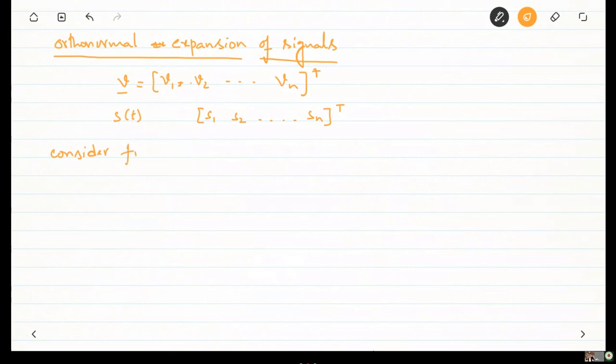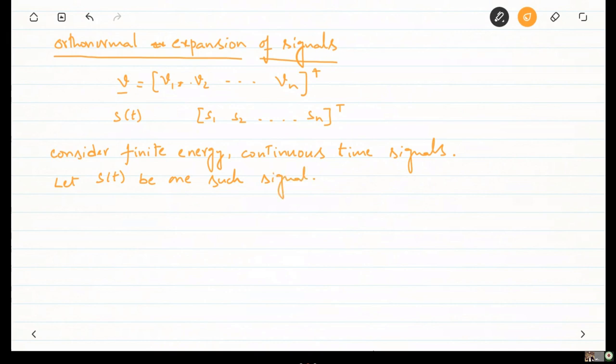Consider finite energy signals. For this task we will be considering only finite energy continuous time signals, and just consider one signal. Let S of t be one such signal.